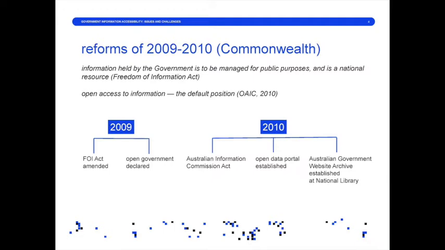In 2010 also, we had the Open Data Portal established, when Commonwealth governments would put their data sets up into an open portal. Some successfully, some not quite so successfully, but I'm not really going to talk about that at the moment. And the other one that was very interesting, also in 2010, was the Australian Government Web Archive, just called AGWA, which is established at the National Library, where the websites are constantly being archived.